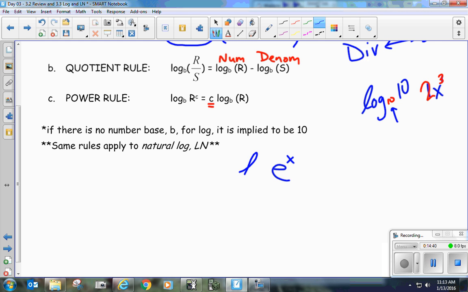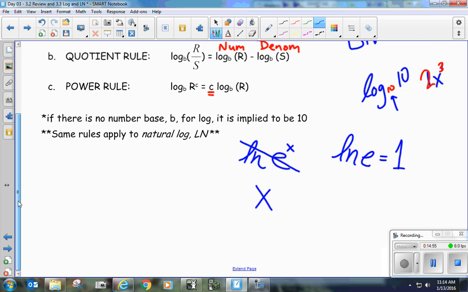if I take the natural log of it, guess what happens? These cancel and it just becomes x. Because, and this is what you want to write down, the natural log of e equals 1. And similarly, if we have e to the exponent ln, that also equals 1.